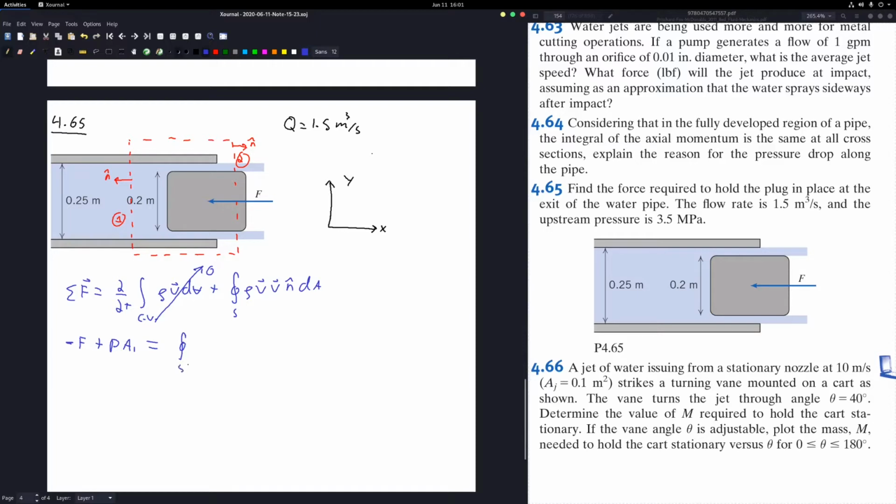This is due to the fact that the normal vector n is pointing in the negative direction according to our coordinate system, plus the surface integral of rho V2 squared, which is going to be our outgoing velocity, and then our normal vector is positive in this case.